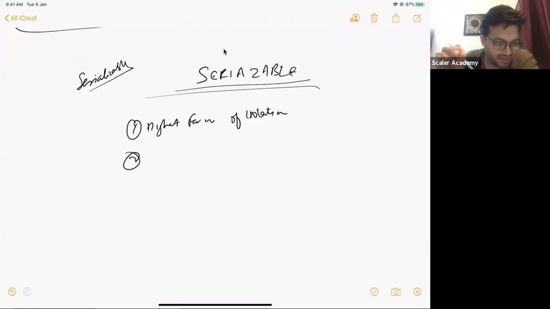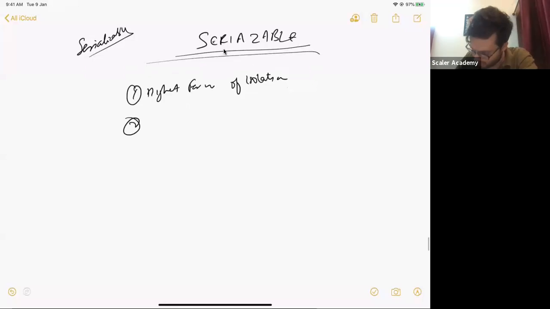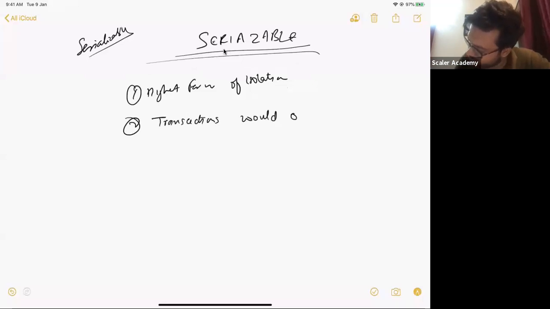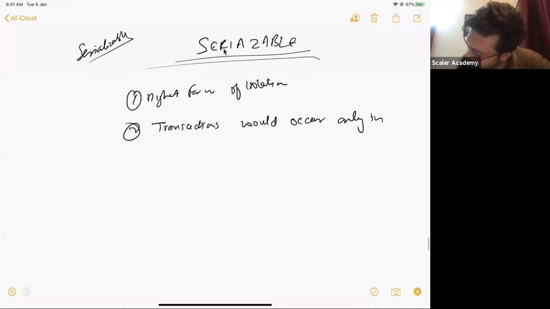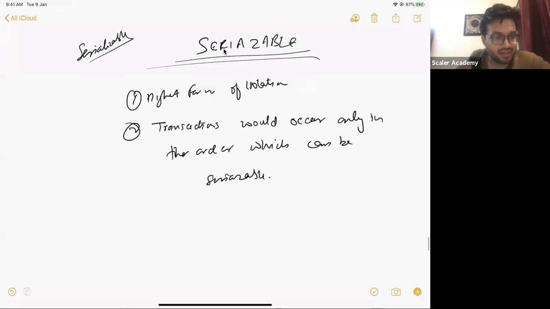Okay, what does that mean? Let me write it and then explain it. The transactions would occur only in the order which can be serializable.